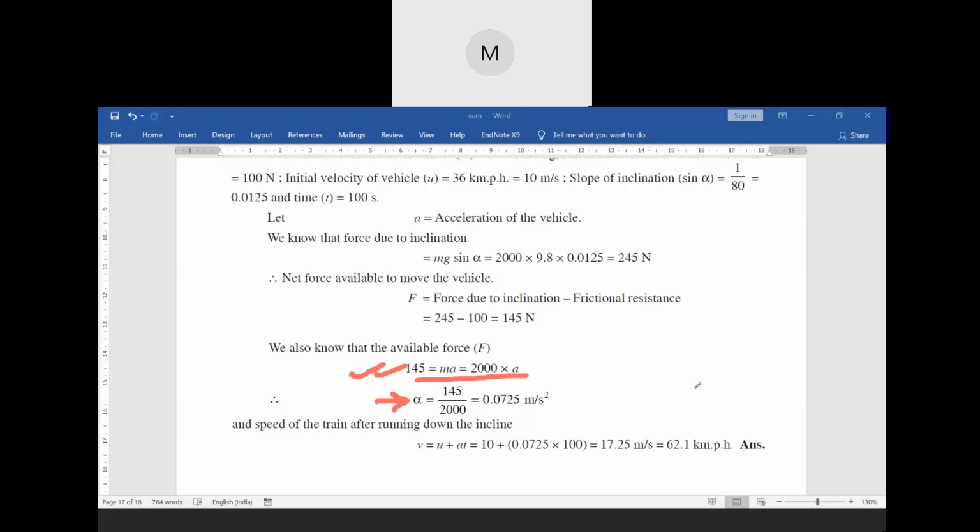And finally, the question asks: after 100 seconds, what will be the speed? Here there is a trick.